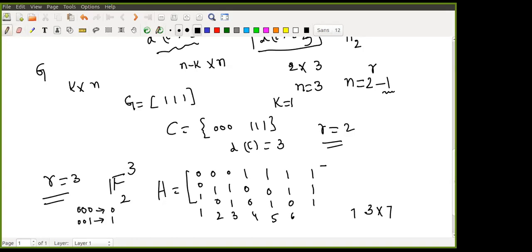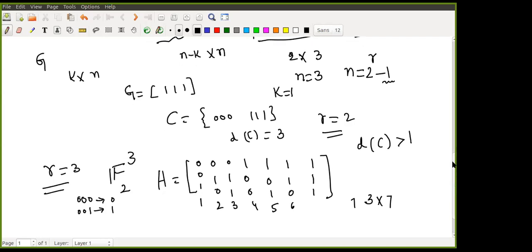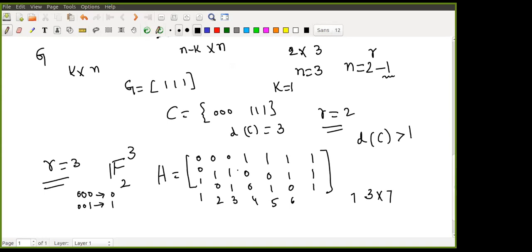Now what is the distance of the code? Going back: the distance of the code is greater than 1. First of all, any column here is linearly independent. Now if I take any 2 columns here, they are also linearly independent because they are not equal.